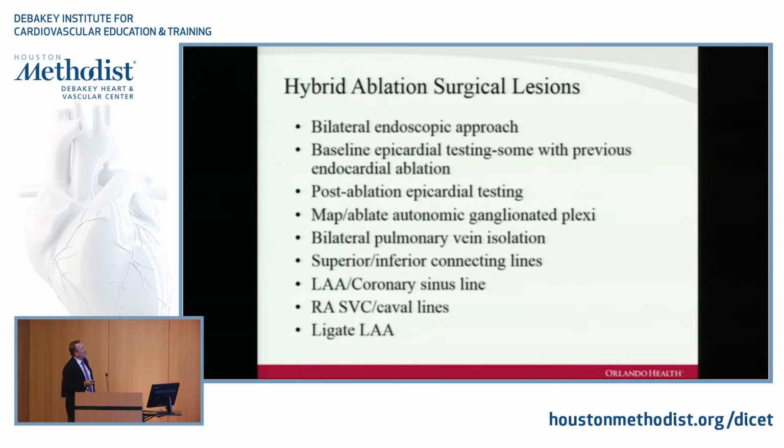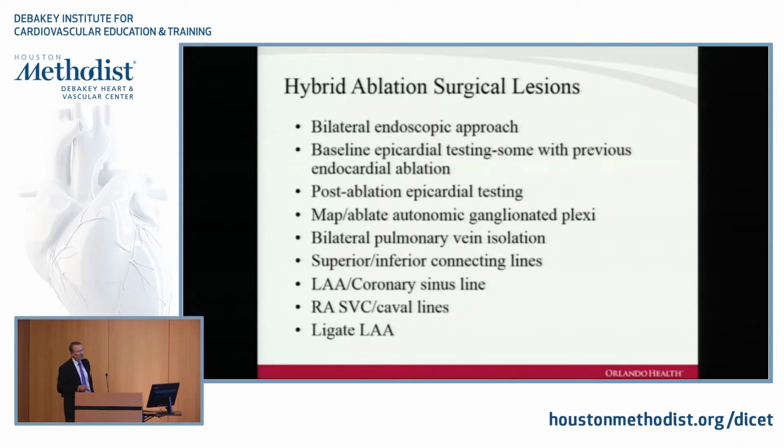So what this allows us to do, the surgical lesion set ends up being a bilateral pulmonary vein isolation, superior and inferior connecting lines, a left atrial appendage line, and a coronary sinus line. Right atrial lines can be done, and we can talk about whether those are efficacious or not. We've had lots of discussions about that recently. We do baseline EP testing epicardially and post-ablation epicardial testing as well.